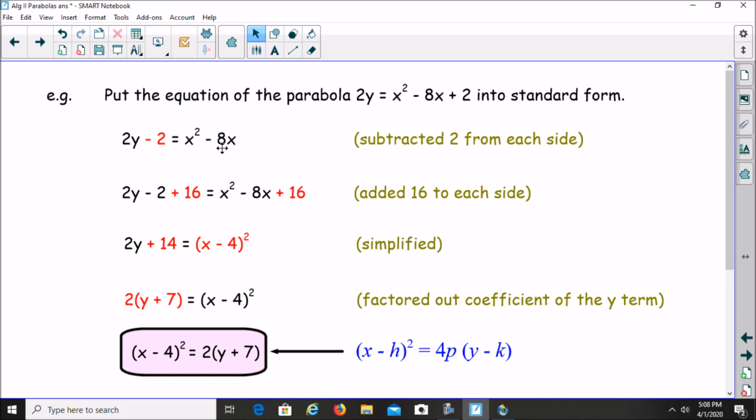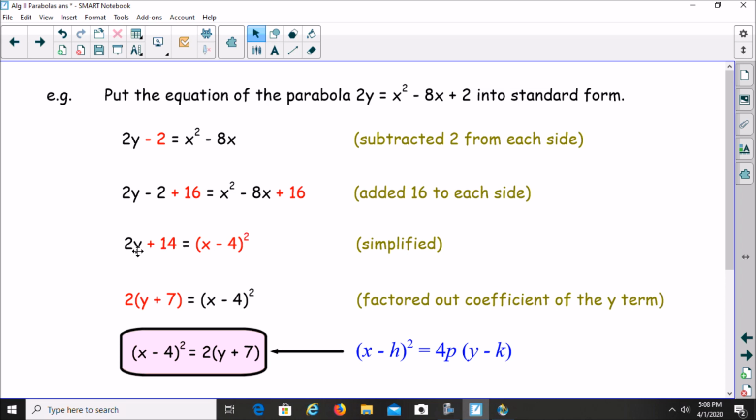Then I'll take half of negative 8, the coefficient of x to the first, square it. Half of negative 8 is negative 4, squared is positive 16, and I'll have to add that to each side of the equation to keep the equation balanced. Negative 2 plus 16 is 14. x² − 8x + 16 is (x − 4)².